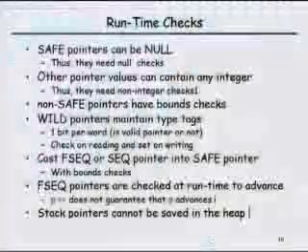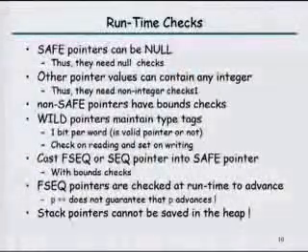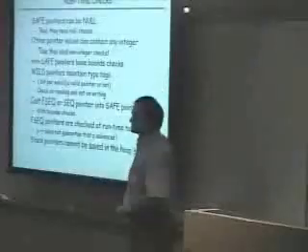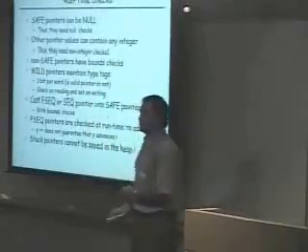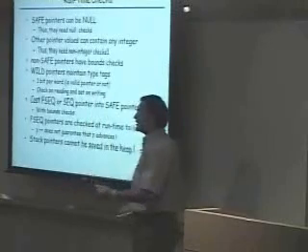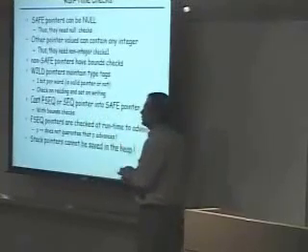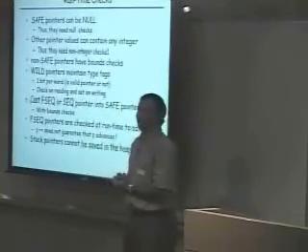The forward sequence pointer, there are two runtime checks. I think this is in the next slide. Yeah, that's fine. So this is a few more details about the runtime checks that I need to do. For safe pointers, I need to do null checks. What you expect from C# or Java. We experimented a little with another version of safe, which is guaranteed not null.